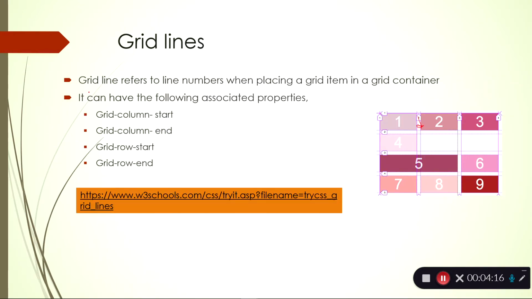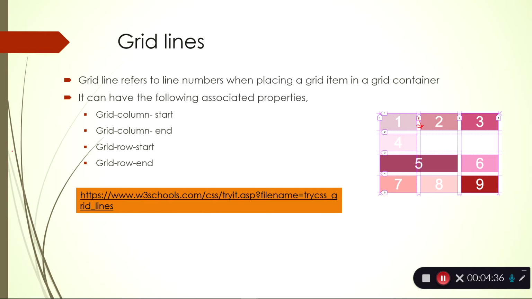First let's start with the grid line. We know what a grid line is, right? It starts where the grid row and column start, the lines separating the rows and columns. So how do we use grid lines to customize the elements? That is the grid line concept.